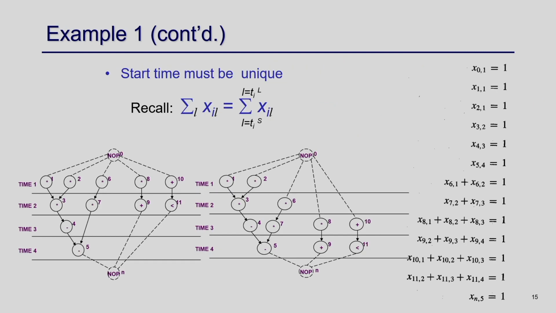If you take this example with ASAP and ALAP where my time is 4, these operations have only one variable.